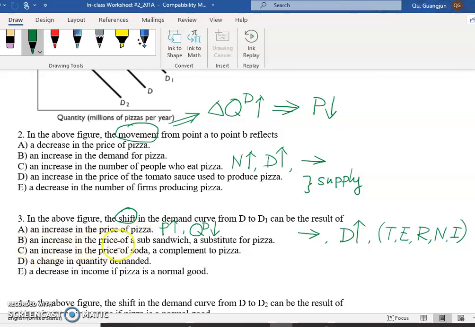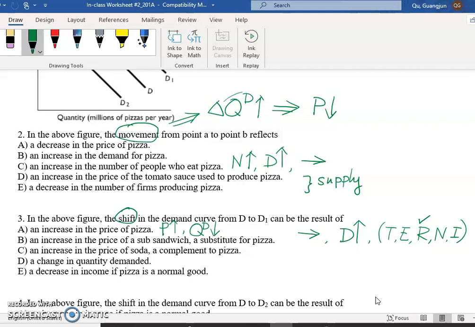B, an increase in price of the sandwich, a substitute for pizza. Now here, the substitute would be R, right? When a substitute becomes more expensive, then some people would stop purchasing sandwiches and switch to the purchase of pizza. So the demand will go up. Okay, so B is correct.